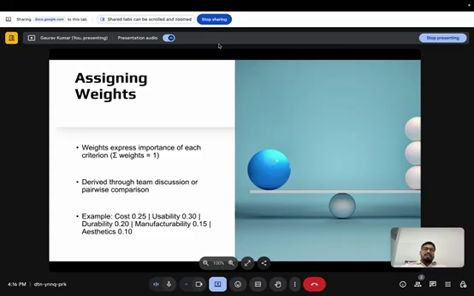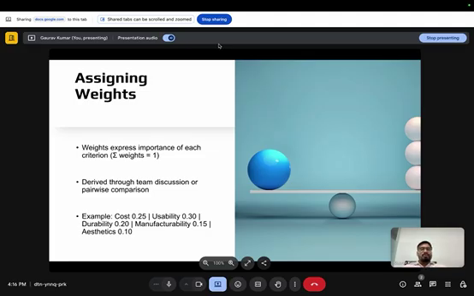So weights are usually determined through consensus, brainstorming, or analytical methods such as pairwise comparison. This process promotes stakeholder alignment and enhances collective ownership of the design outcome.